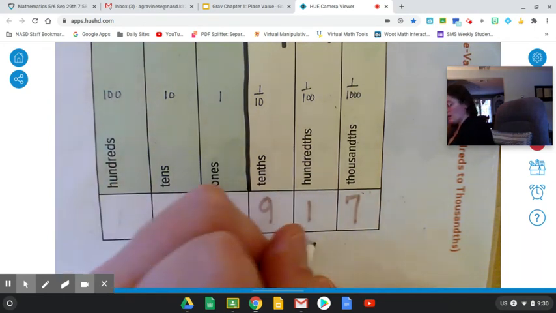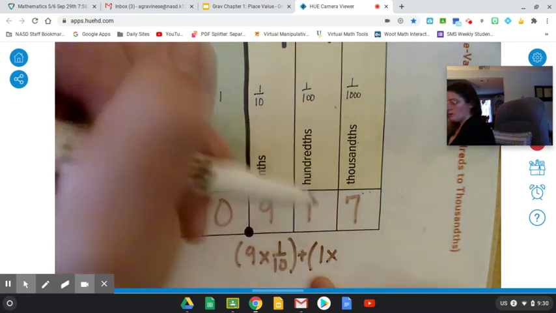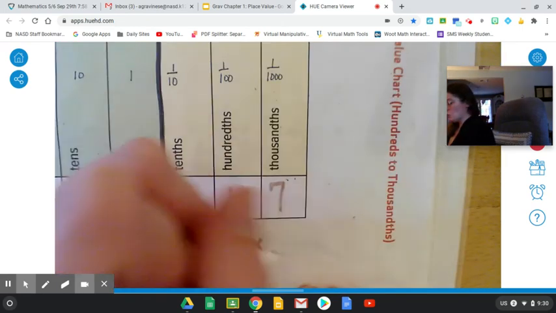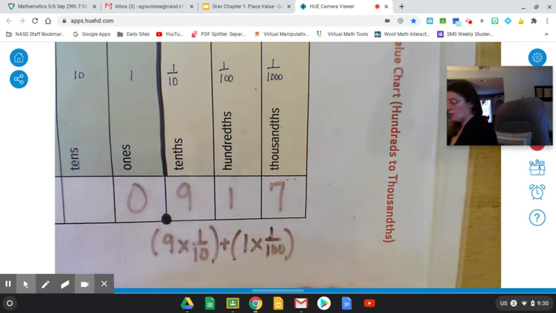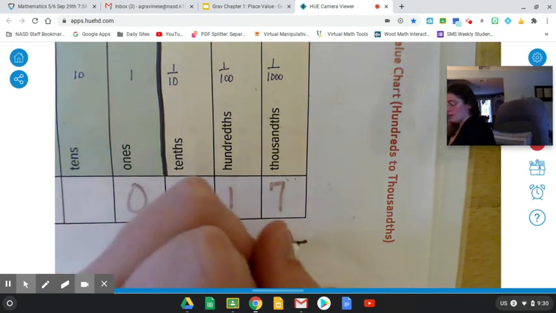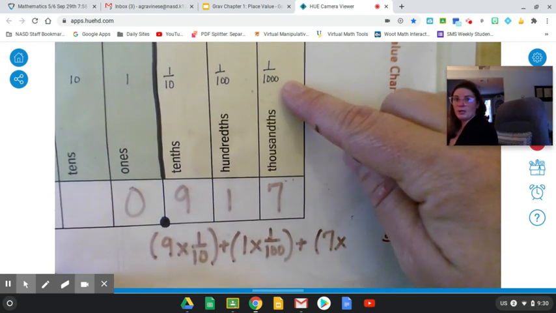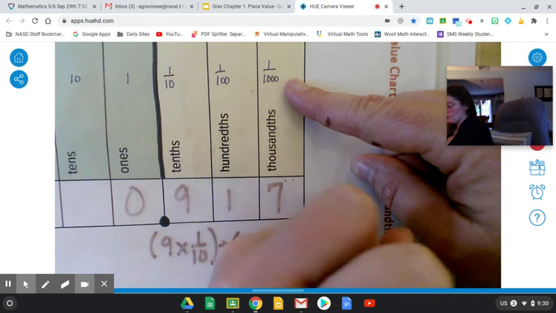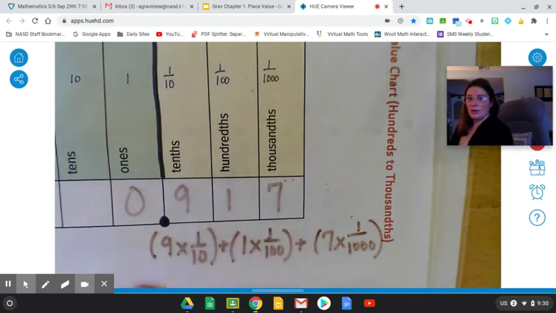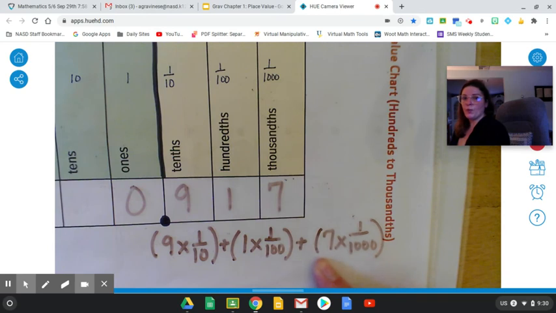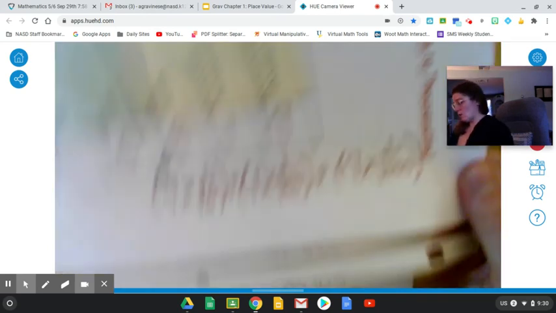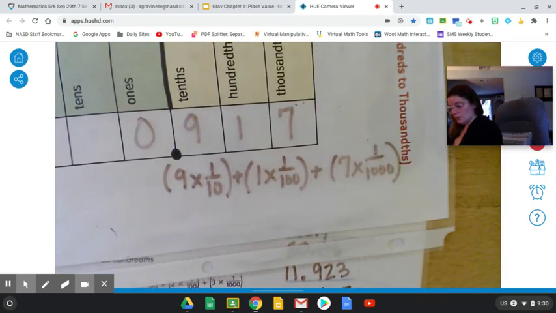Next, I add to that a 1, and my 1 is in the hundredths place. So 1 times 1/100th. And I add to that a 7, which is in my thousandths place. So 7 times 1/1,000th. And that is your expanded form. So I have 9 times 1/10, 1 times 1/100th, and 7 times 1/1,000th.